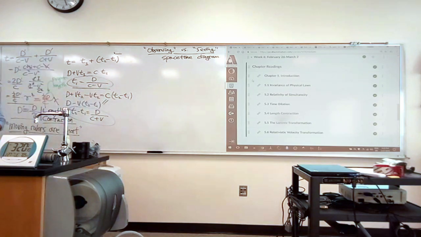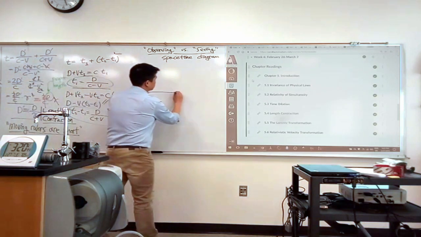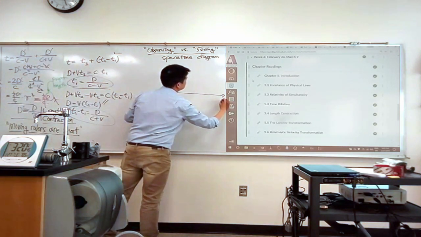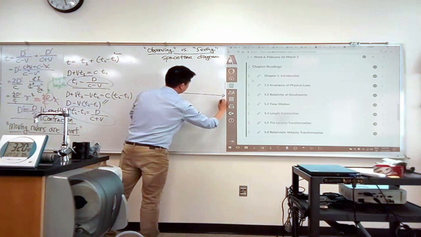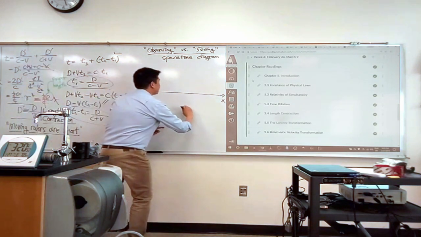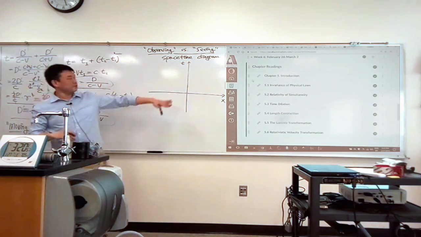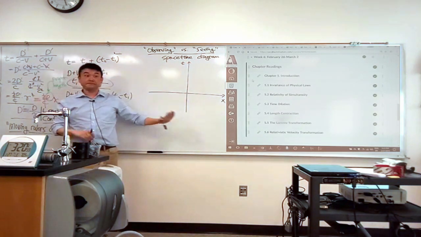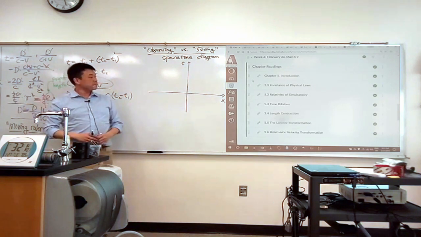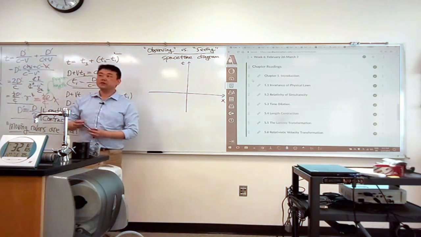So you plot something with an axis like this: the position along the horizontal axis, trying to remember the conventions, and time along the vertical axis.